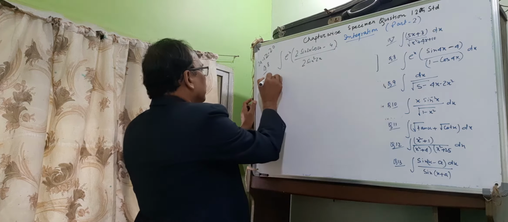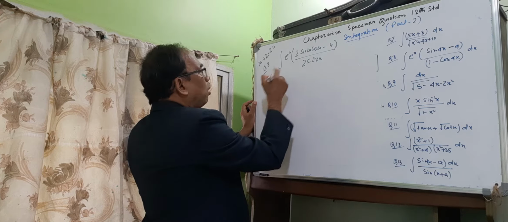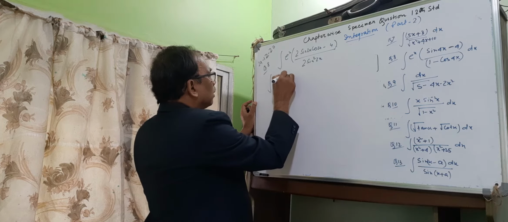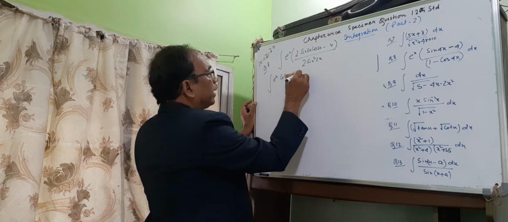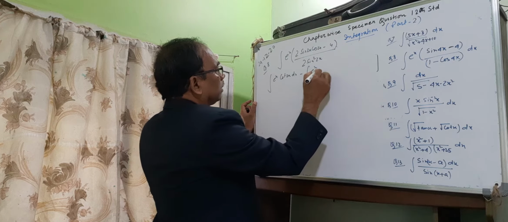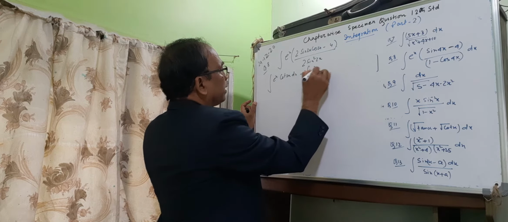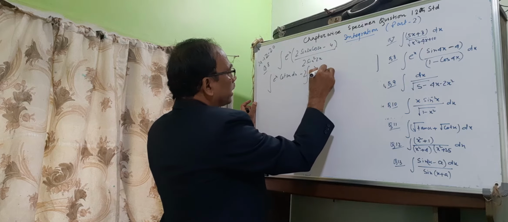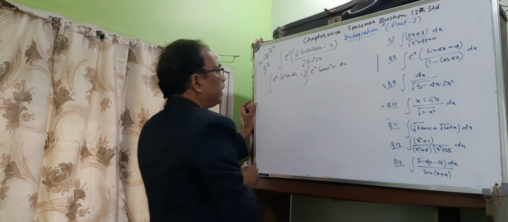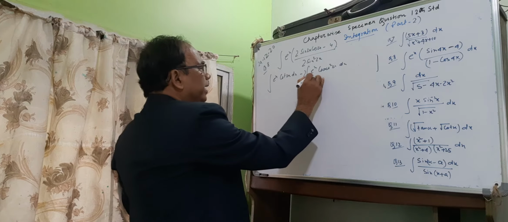Now splitting this, integration e to the power x cot 2x dx, the 2s cancel, minus e to the power x, where 2 is outside, 1 by cosec square 2x dx. Now this is uv, integration by parts.